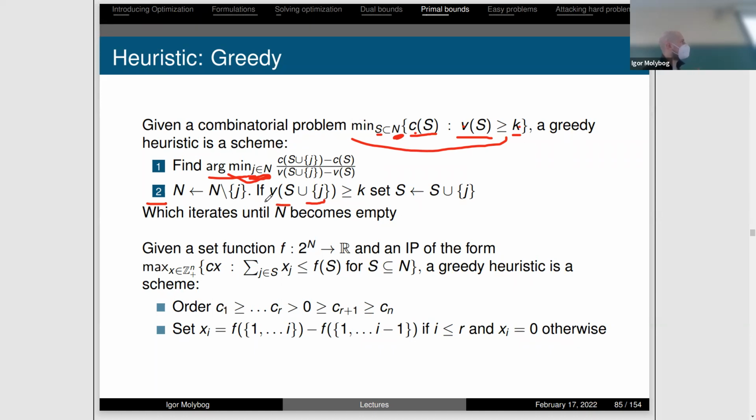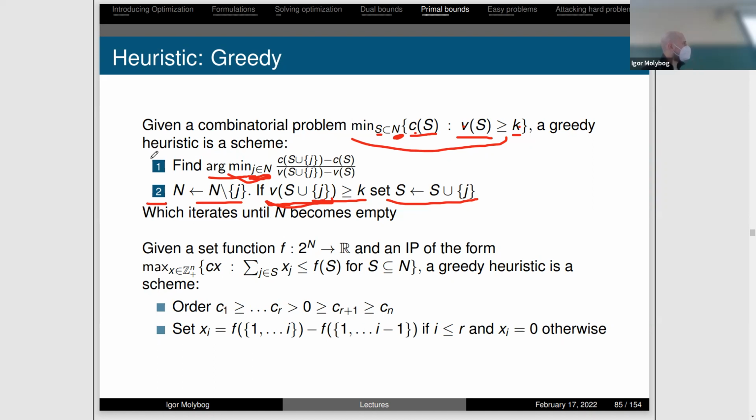So if after the function V, after we have included object J into the backpack, the feasibility still holds, then it is safe to include, and then we do include object J. If we were not able to fit object J into the backpack, then we just throw it out and never think about it again.